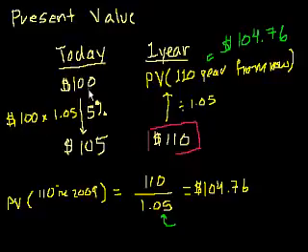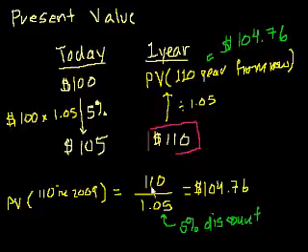To compound the amount of money we invest, we multiply the amount we invest times 1 plus the yield. Then to discount money in the future to the present, we divide it by 1 plus the discount rate. So this is a 5% discount rate to get its present value. So what does this tell us?